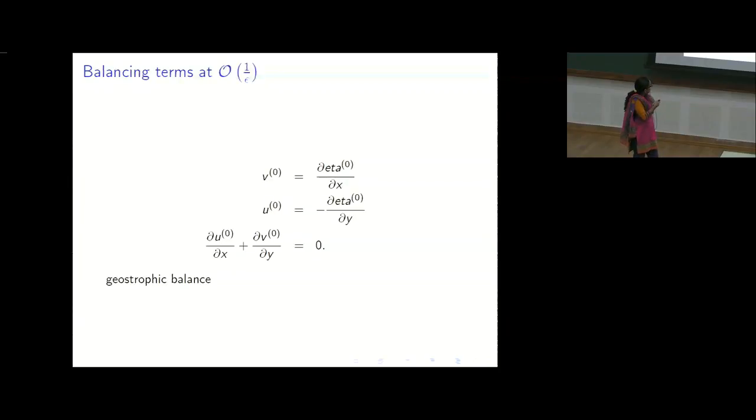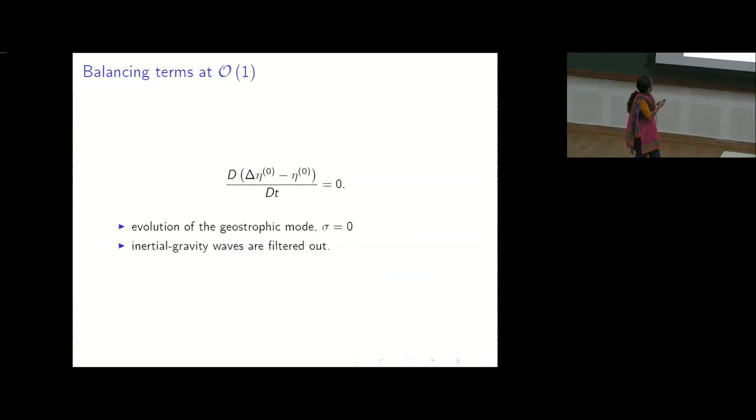If I balance the lowest order component in epsilon, I get the geostrophic balance back. If I go one step ahead, I can balance the terms at order 1, and there I get the quasi-geostrophic dynamics. This is the evolution of the geostrophic mode, and essentially it's a filtering of the inertial gravity waves.